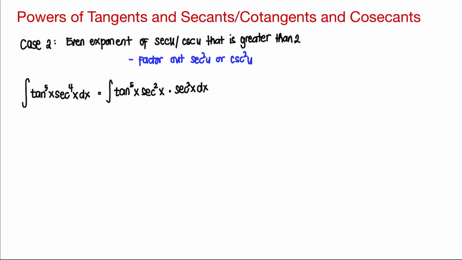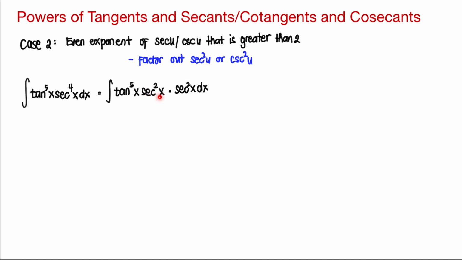So this factored out secant squared x is already part of our du. So if secant squared x dx is our du, then the rest of the functions in the integrand must be expressed in terms of tangent. Now, tangent x to the power of 5 is already in tangent.